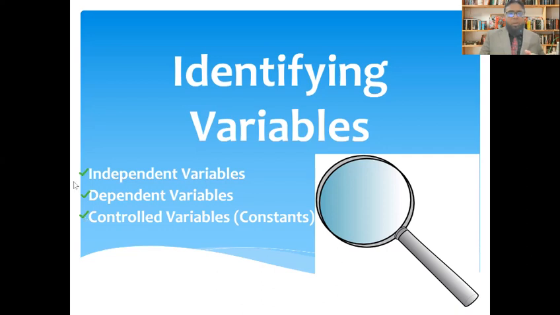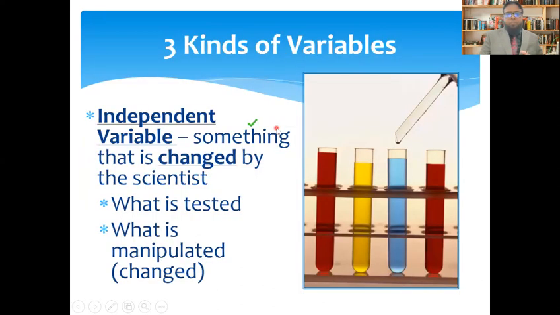Okay, now come to the next slides, where we have to discuss the three kinds of variables. The independent variable is something that is changed by the scientist.